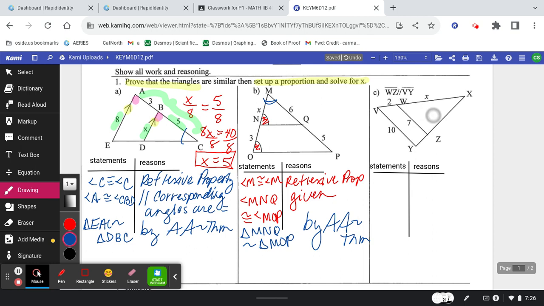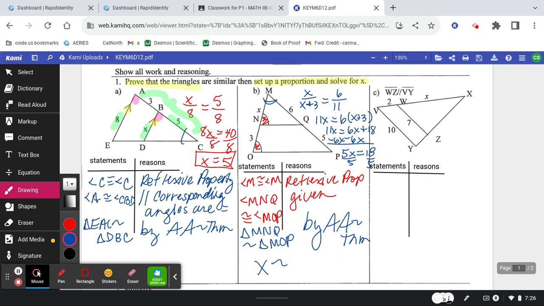So I would set this up as x over x plus 3, small is to big on the left, is equal to small is to big on the right. And I'd get 11x equals 6 times the quantity x plus 3, or 11x equals 6x plus 18. And we get 5x equals 18. Divide by 5, divide by 5.